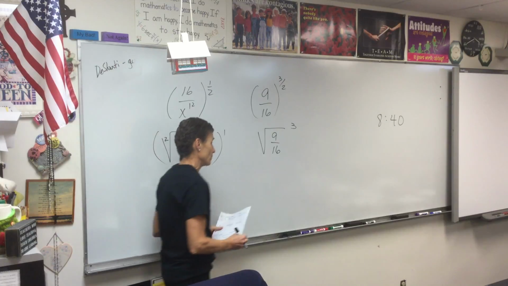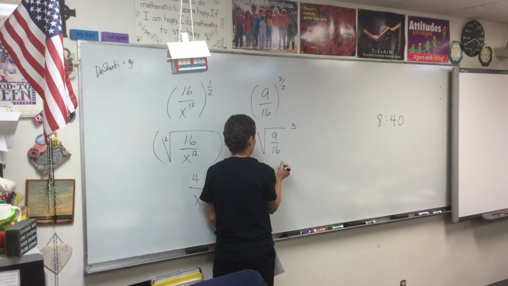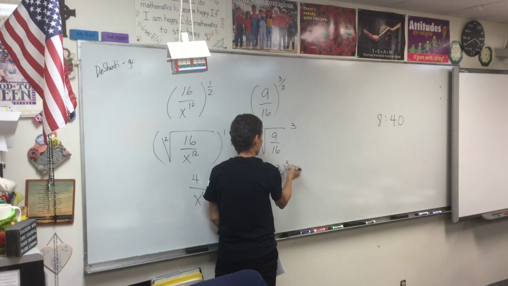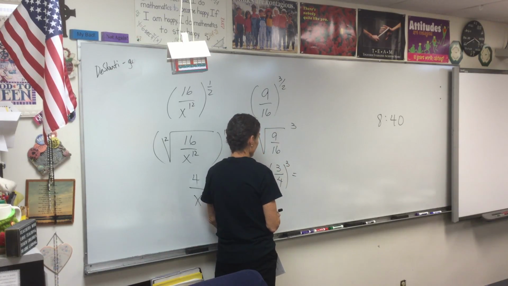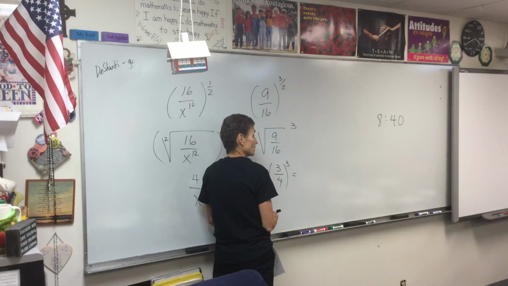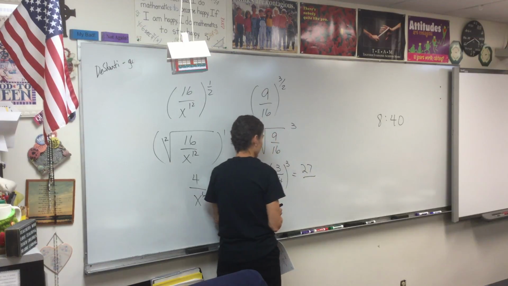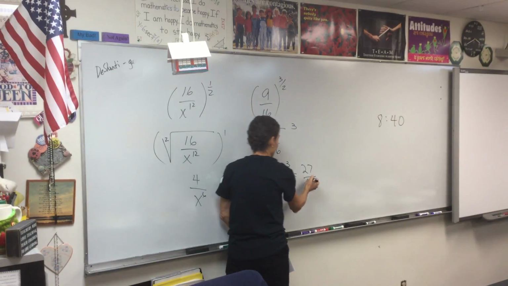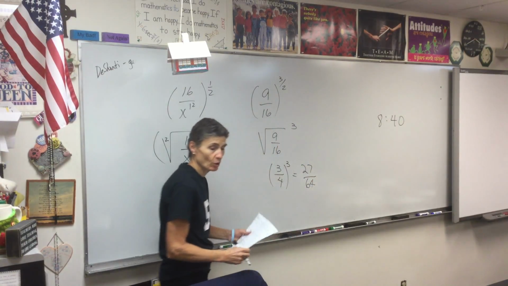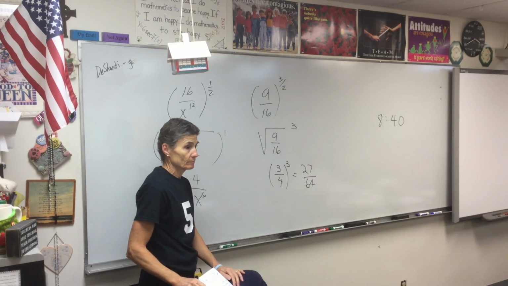What's the square root of 9/16? 3/4. We take the square root of the top and the bottom, and then we cube it, and we get not 9, but 27 over 64.